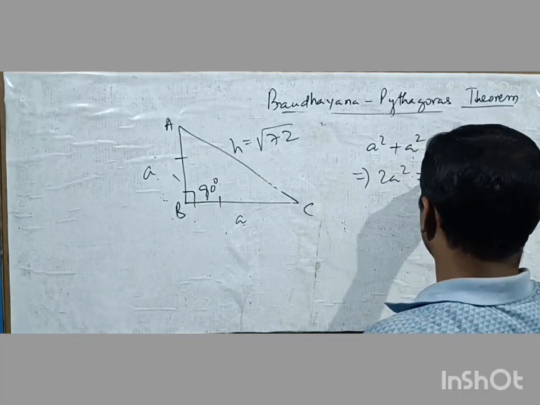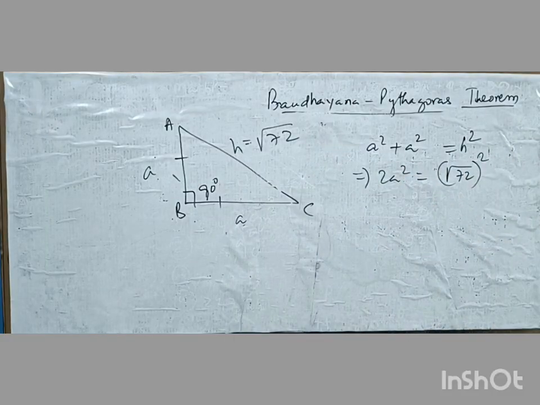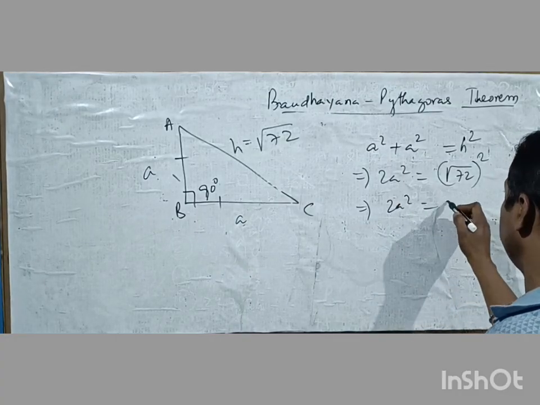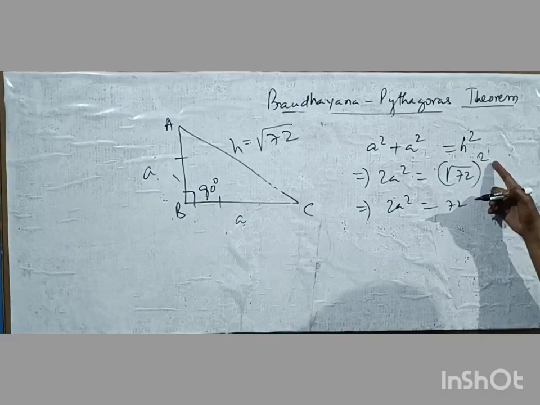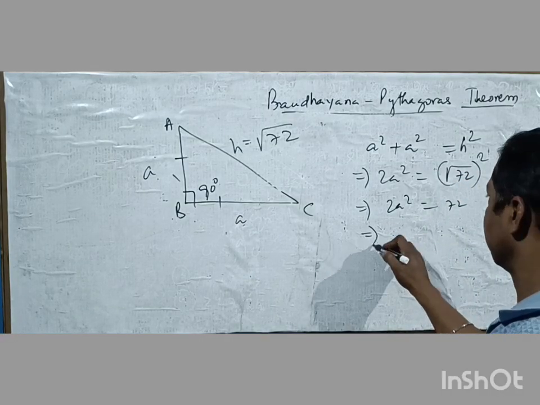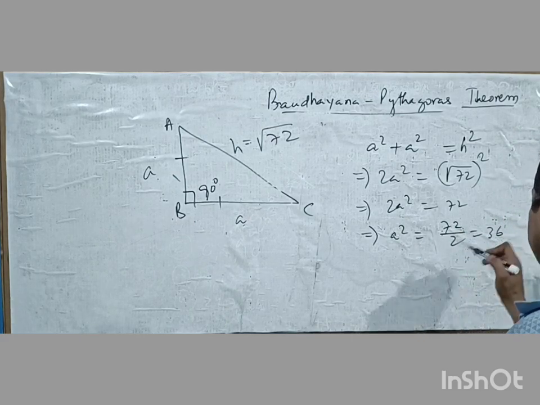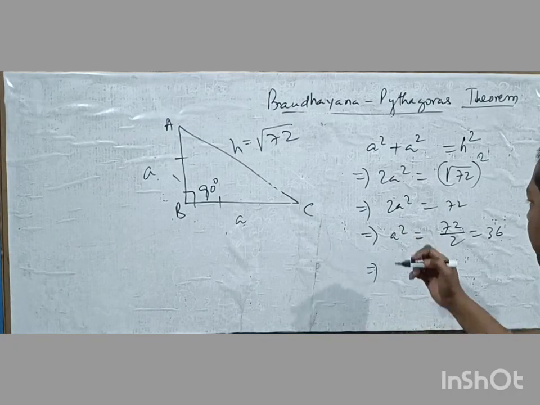2a square equals root 72 whole square, because it is given. That means 2a square equals 72. Root over square means the root will be cancelled. It means a square equals 72 by 2, which is 36. The 2 will be divided on the other side because it is multiplied here.